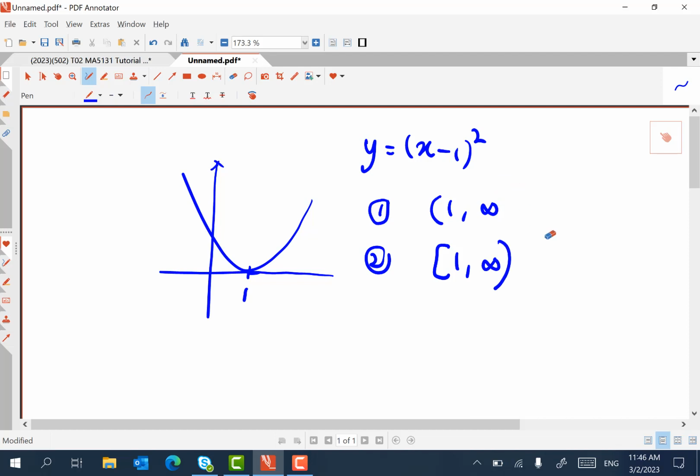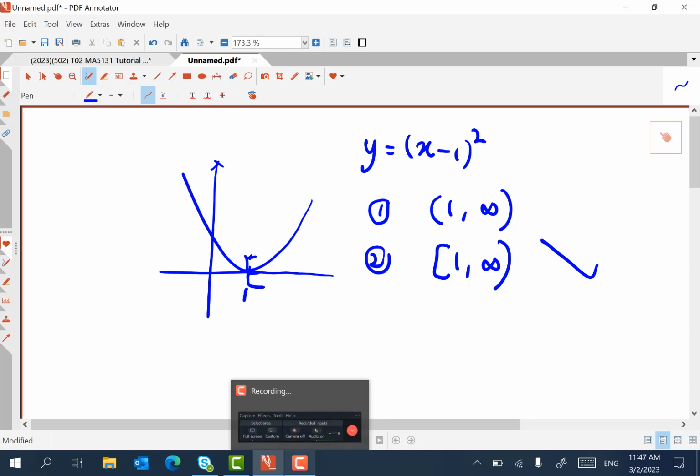Second one, because only at the point it may experience a zero gradient, other than that it doesn't. And it fits the definition of increasing because starting from this point and to the right, the value keeps going up.